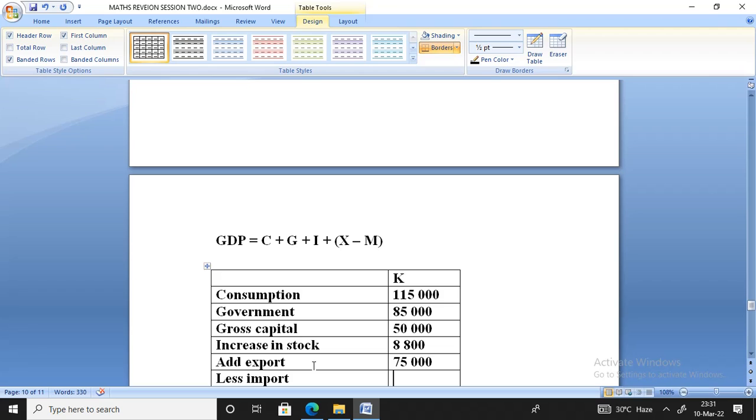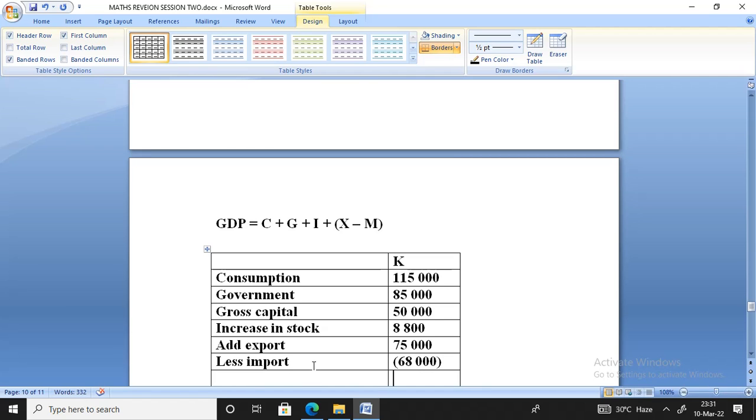The import value was 68,000. So we are subtracting this one. What we get there is the GDP at market price. The total value there should be 265,800.